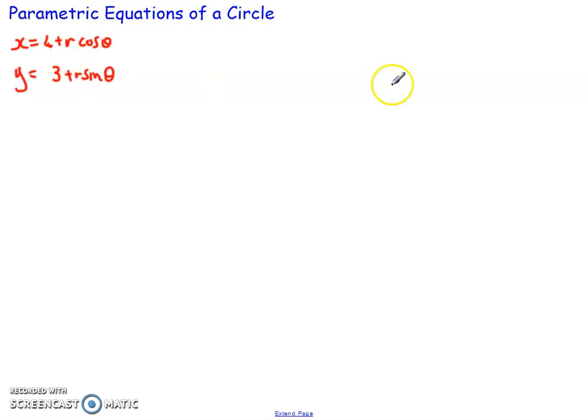Now, where I'm getting this from is imagining I've got a system here where I've got a circle of centre (4, 3), represented by this, and the r cos theta and the r sine theta represent my position on the circle, where the distance from the centre to the circle itself is equal to r, and the angle here is theta.